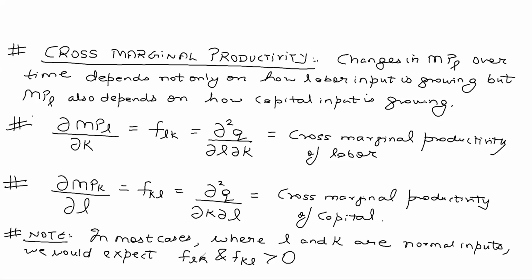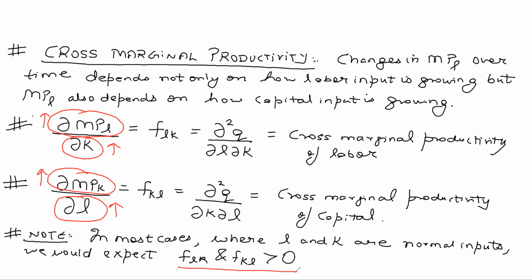That means an increase in capital will cause the marginal productivity of labor to increase, and an increase in labor will cause the marginal productivity of capital to increase. Provided labor and capital are normal inputs, not inferior inputs, you would expect the sign of cross marginal productivities to be positive. That means hiring more capital will increase the marginal productivity of labor, and hiring more labor will increase the marginal productivity of capital.